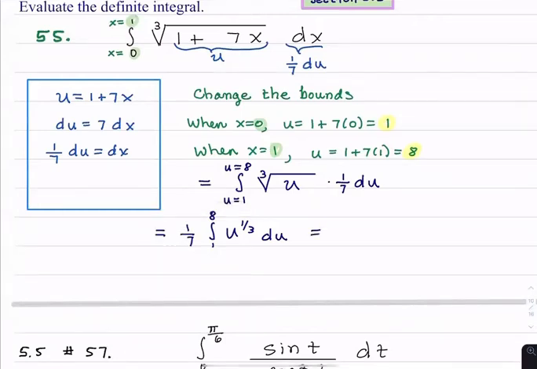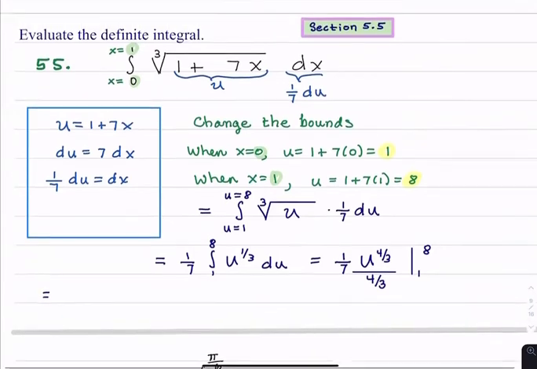Now when I find the antiderivative, I have u to the 1/3, I add 1 to 1/3. That's 1/3 plus 3/3. That makes u to the 4/3 power. And then I'll divide by 4/3. And I evaluate from 1 to 8.